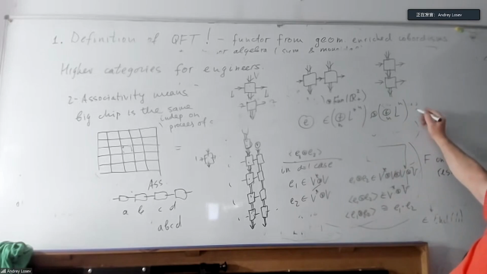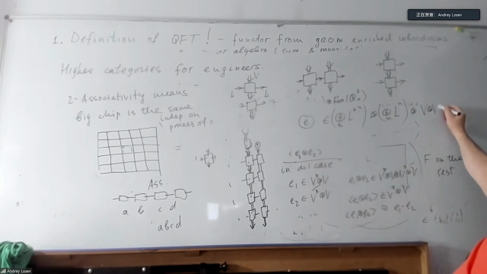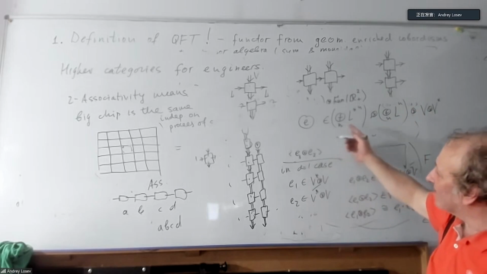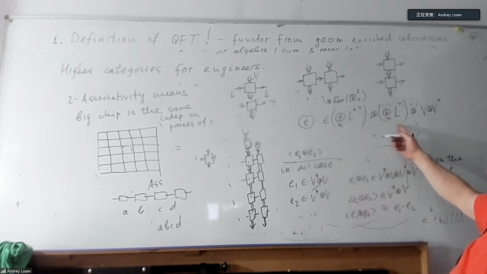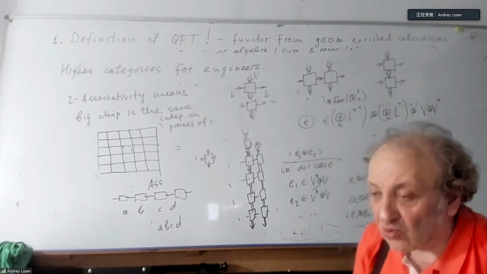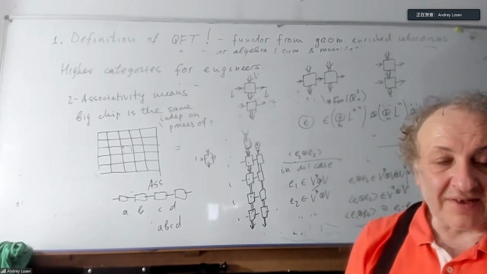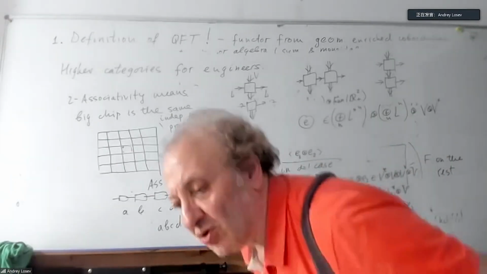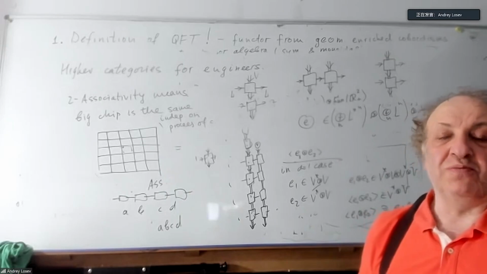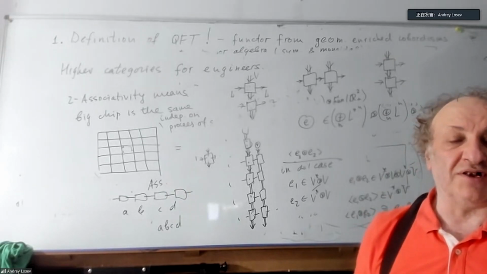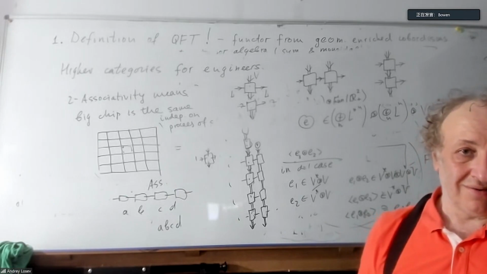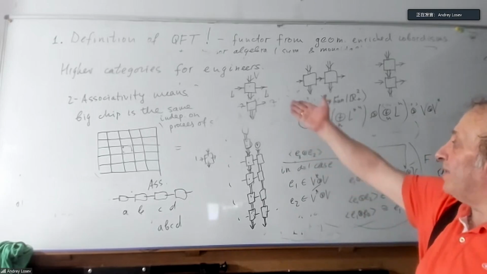But then it also belongs to times V times V star. And then you may consider E belonging here. So it would be a group element that is taking values in tensor algebra. So actually it would not be a group. It would be an algebra over tensor algebra. Okay? Okay. Just look at the picture.